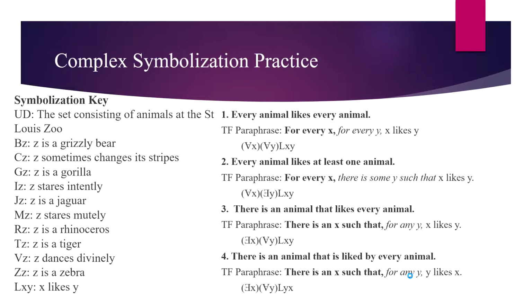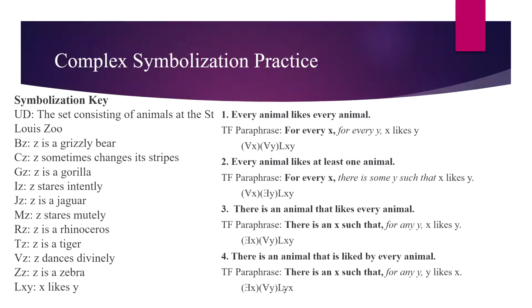So we have, there exists an X such that for all Y, LYX. These two look very, very similar, but the change in the order of the variables attached to that predicate does change the meaning. Three is, there is an animal that likes every animal, and four is, there is an animal that is liked by every animal.